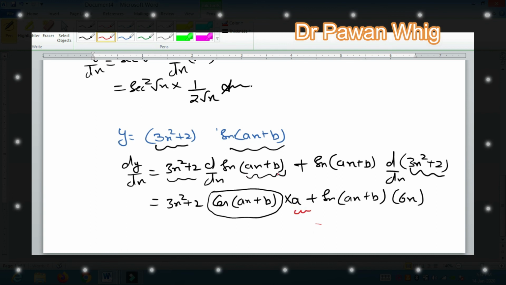Since it is different from the original theta, you have to multiply the whole expression with the differentiation of this expression. This is what we call the chain rule. The chain rule is not asked explicitly in the exam; it will always be hidden in the question. You have to apply it whenever the thing is different from the standard formula, multiplying that expression with the differentiation of that theta.